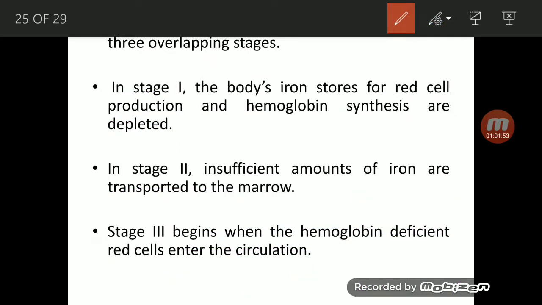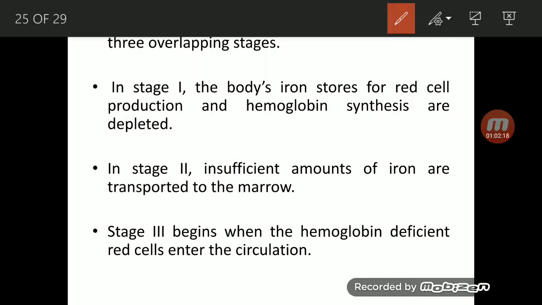So 3 stages. In stage 1 you are depleting your source or your storage. In stage 2, since you are depleting your stores, less iron is going into your bone marrow, and hemoglobin is being produced with less iron in it. Iron deficient hemoglobins are being produced.